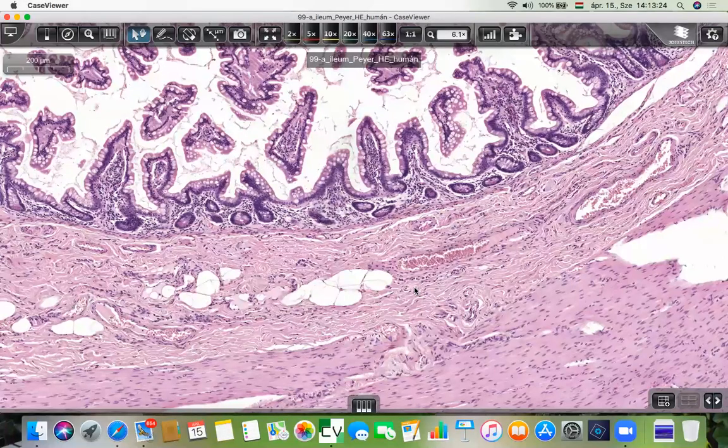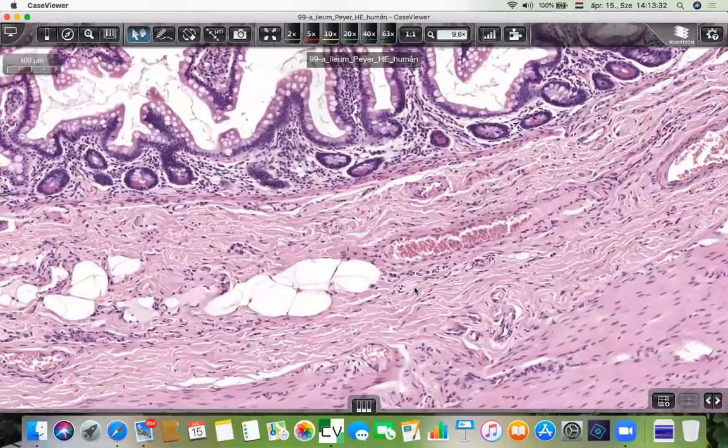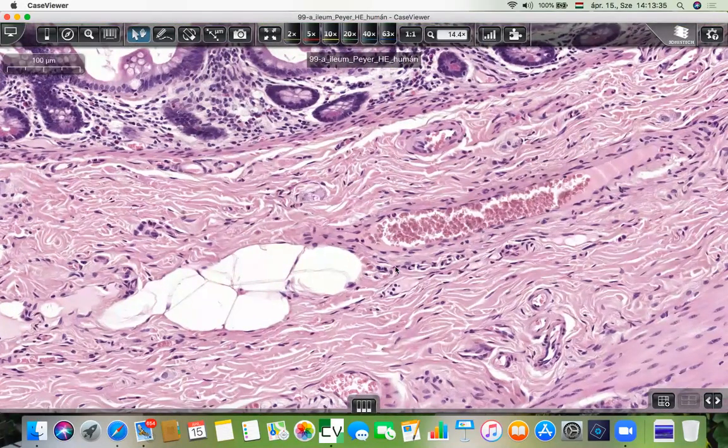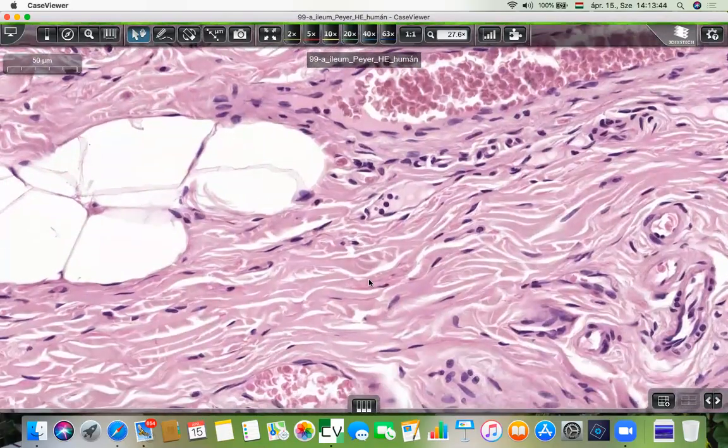This is loose connective tissue, or eventually moderately or relatively dense, because we cannot see huge gaps among the fibers. So we can say it's moderately dense connective tissue. So coarse collagen bundles. On top of them, we can find the nuclei of fibrocytes.